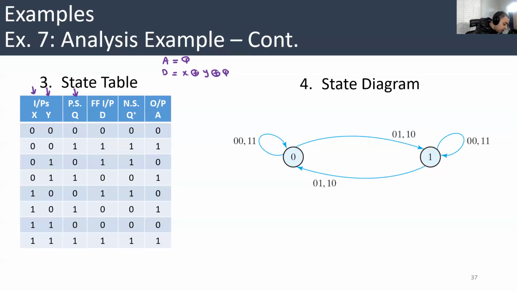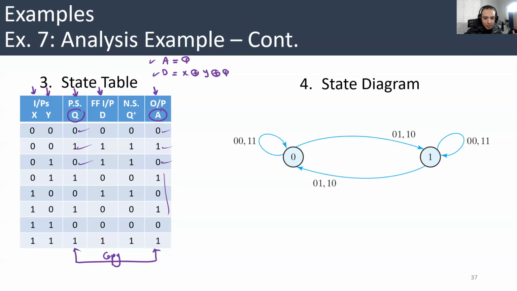Then, since you have the equations already for A and D, you build the D column and the A column. A is really simple. Just copy and paste the Q column into the A column. Look, 0, 0, 1, 1, 0, 0, and so on. Now for D, D is the XOR of three variables.